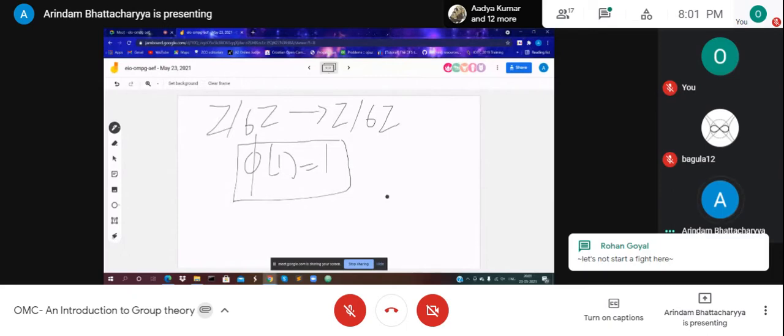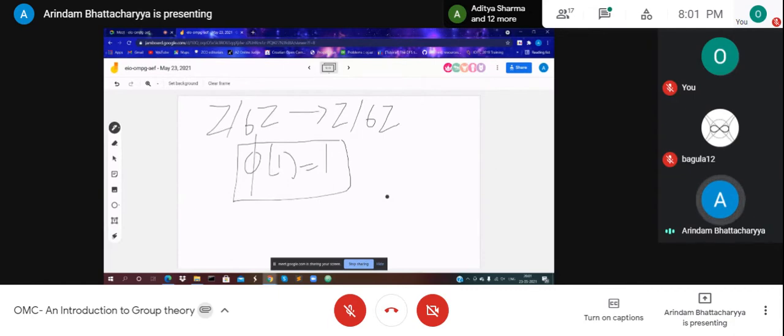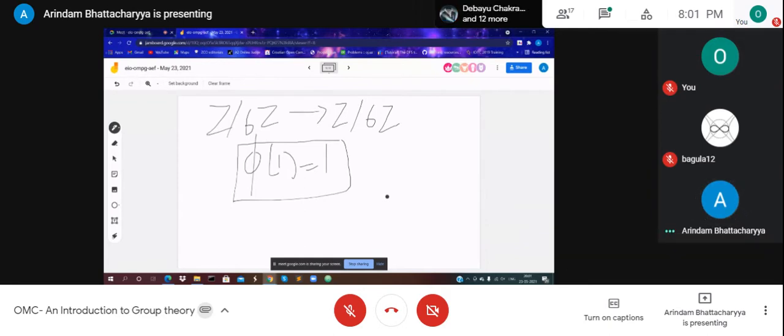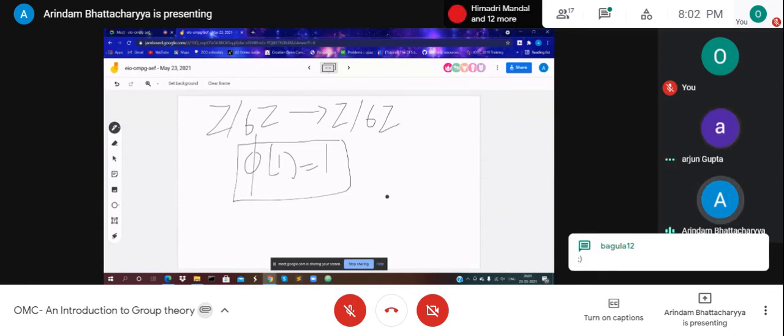Groups look like Z mod nZ. The integers are a ring because you can multiply, add and subtract, but you cannot divide. The integers are not a field because you cannot divide, and things like rationals, reals, complex numbers are fields.